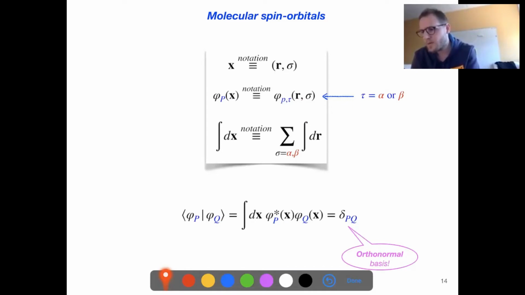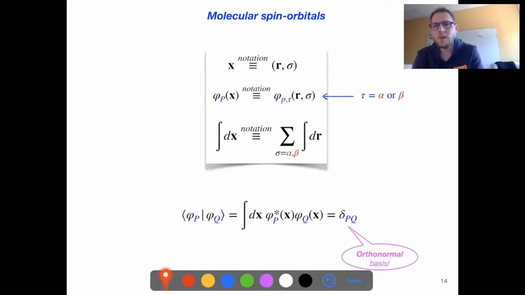So the capital P here means that you refer to an orbital index and a spin index, okay? So in summary, every time I talk about the one electron state, I will describe it like that, and that's going to be my spin orbital. The index P, uppercase, capital letter, refers to a given spin orbital, okay? So this is just for the notation.